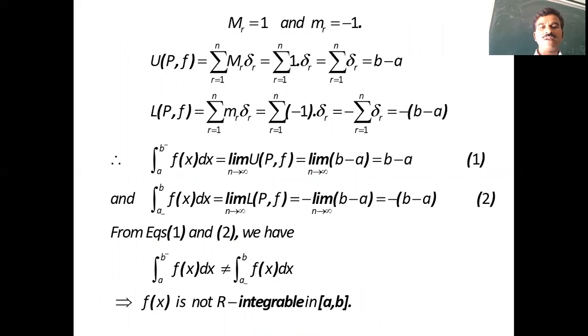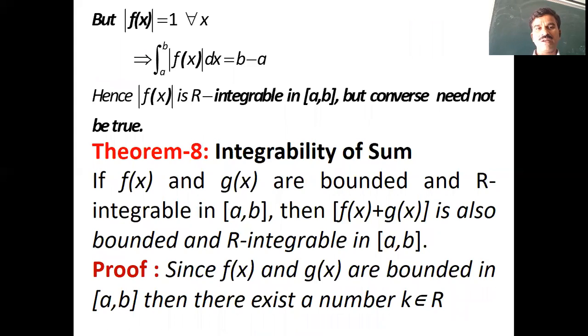Ultimately the upper integral and lower integral are not equal to each other, so f(x) is not R integrable. But the modulus of f is bounded for all x, and its integral is b minus a, because it is a magnitude, it is R integrable. But the converse need not be true. So only the right-hand side is true, but the left-hand side is not true. That's why it is not R integrable.